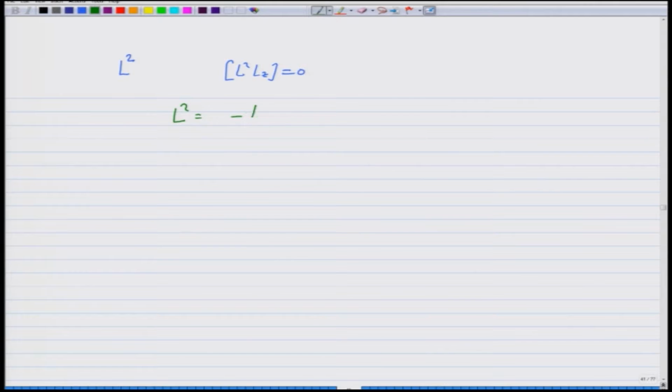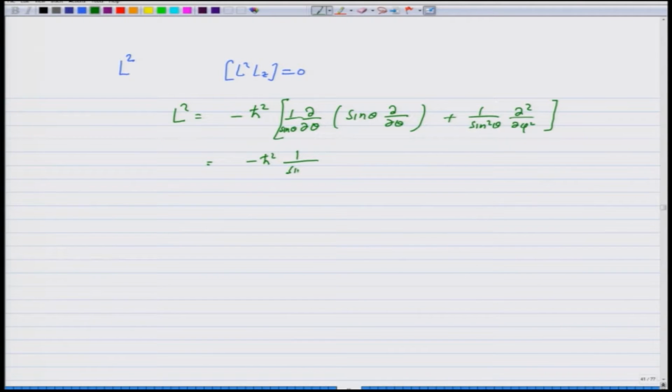L square is minus h cross square, 1 over sin theta d by d theta of sin theta d by d theta, plus 1 over sin square theta d2 by d phi square, which I can write as minus h cross square 1 over sin theta d by d theta of sin theta d by d theta plus Lz square over sin square theta.